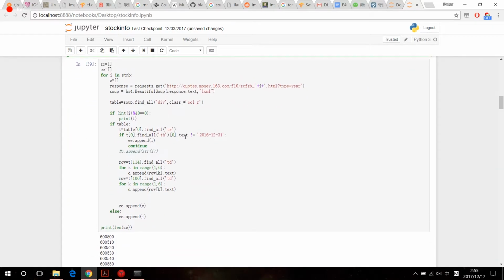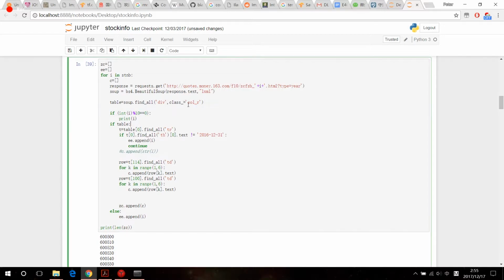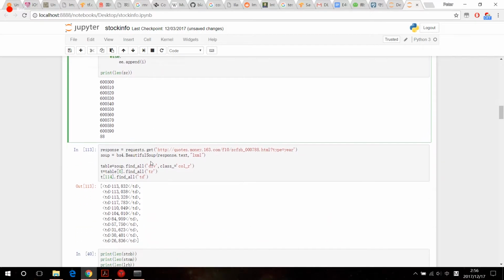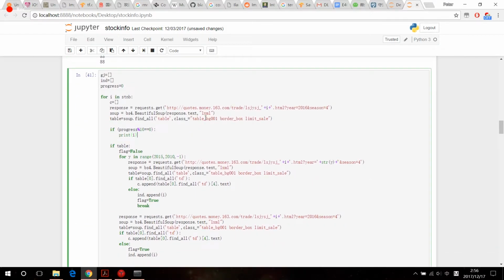And then we can use another loop to get the financial statements of the stocks, and then we can actually get the stock price.